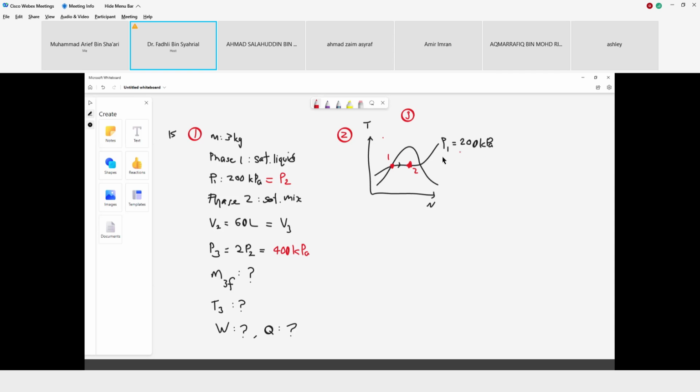In our TV diagram, we only have a constant pressure line for 200 kilopascal. So we need to draw another constant pressure line that is higher than 1. So here is 3, where the value is 400 kilopascal.